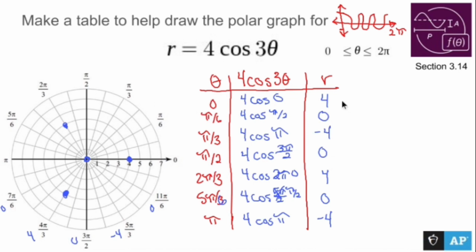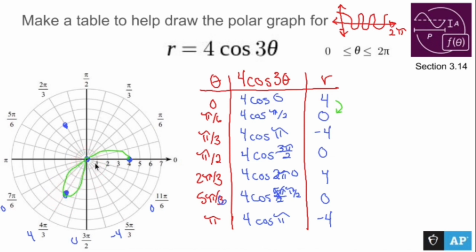Now what I need to do is start connecting these things. Starting out at 4, as I move towards pi over 6, I'm heading towards 0. As I move towards pi over 3, I'm heading towards -4. As I'm moving towards pi over 2, I'm heading to 0.